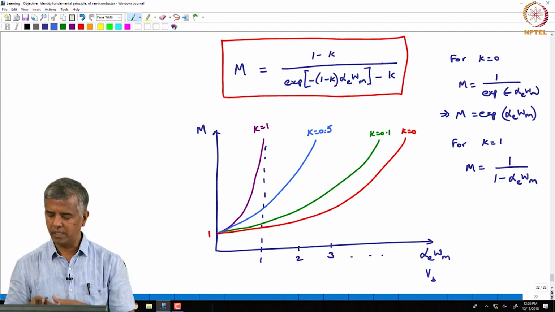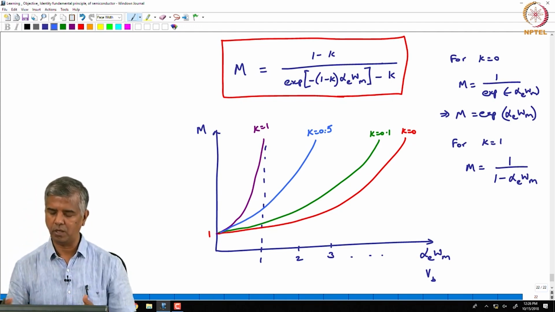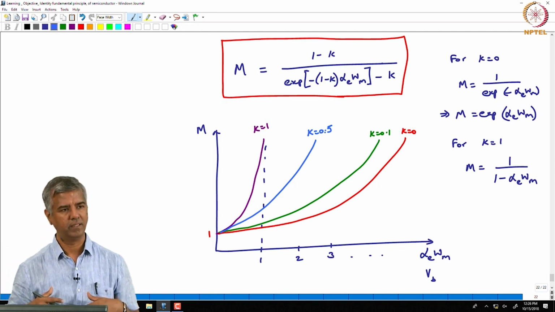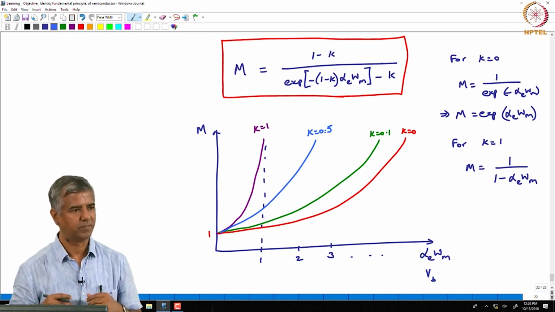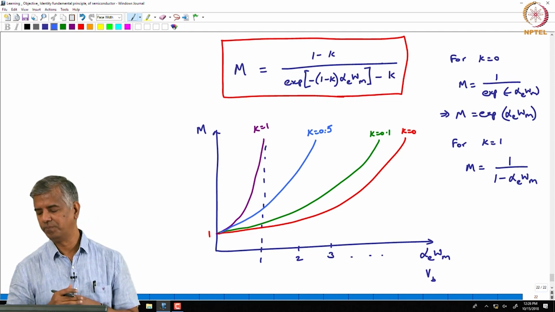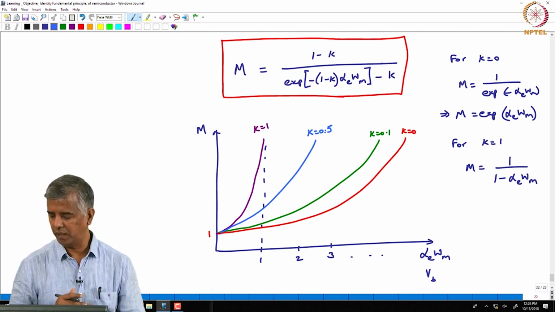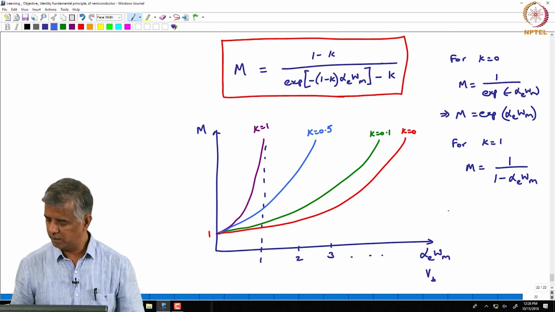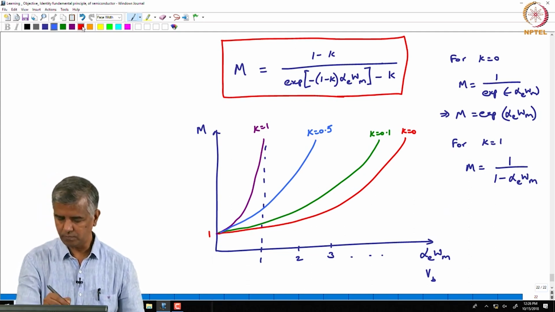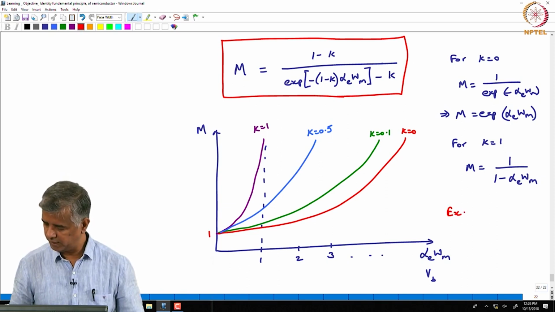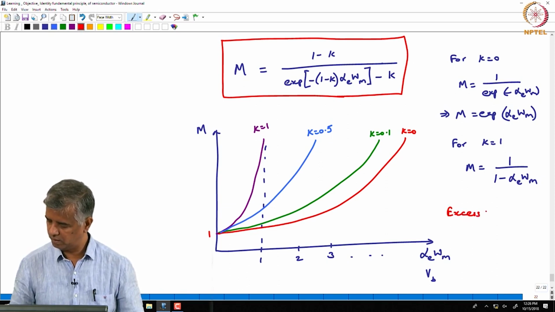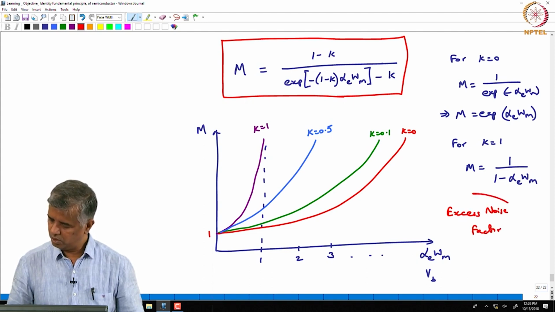In other words, you cannot appreciate this picture without seeing the corresponding noise picture, right. So, that noise picture is represented by what is called an excess noise factor, right.